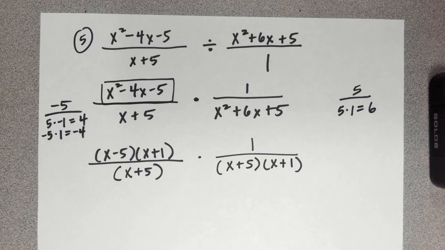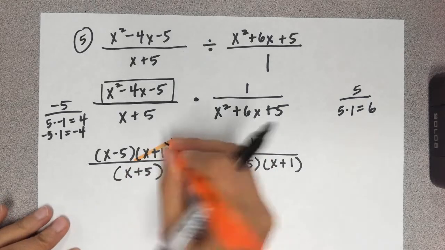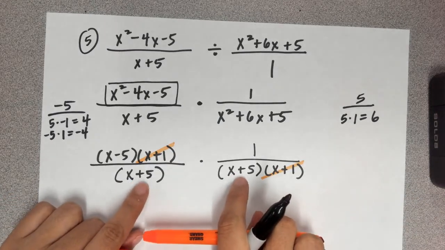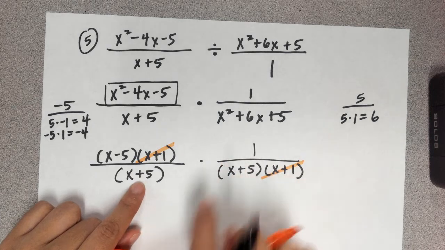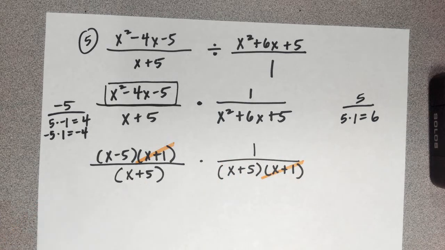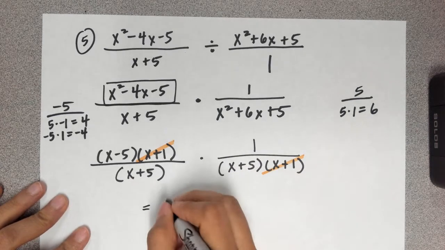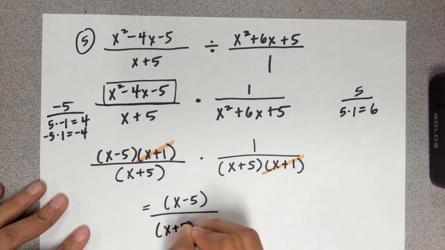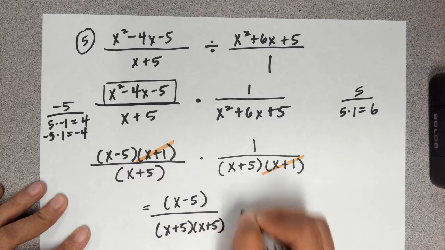So looking at here, what can I cancel? I can cancel the x plus 1s. Can I cancel these x plus 5s, even though they're on opposite sides? No, one has to be on the numerator, one has to be on the denominator. So that's it. So in the numerator I have x minus 5, and on the denominator I have x plus 5 times x plus 5.